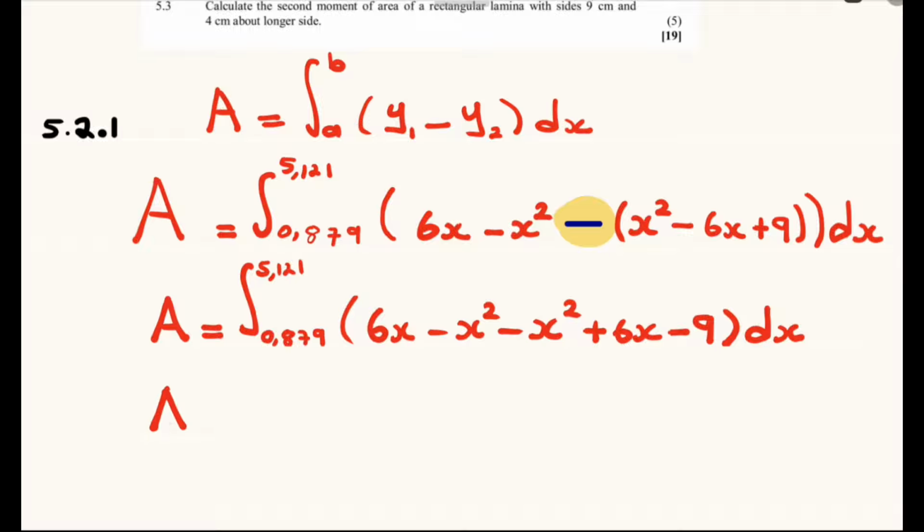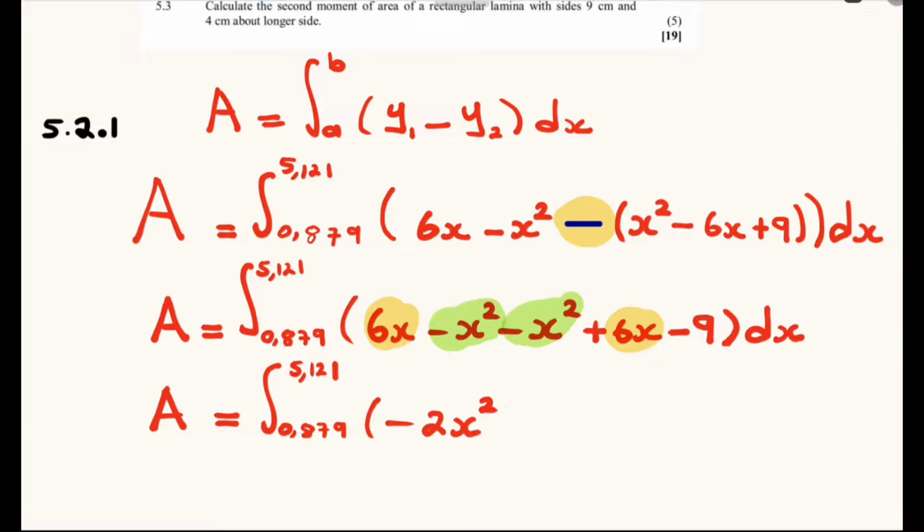Our area will be equal to the integral from 0.879 up until 5.121. So the 6x plus the 6x will be equal to 12x, and the negative x squared minus x squared will be equal to negative 2x squared.